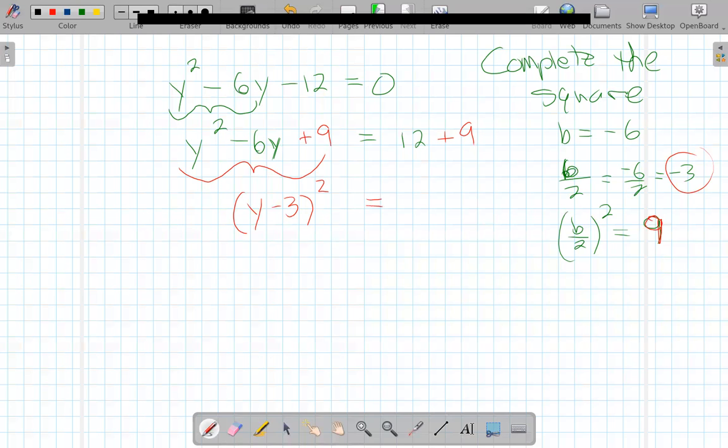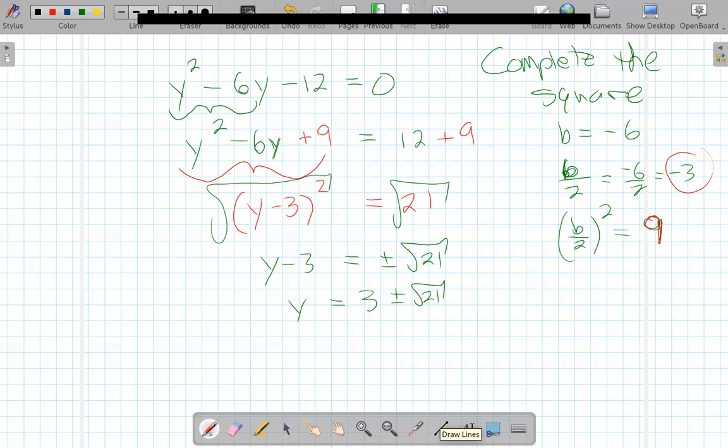And now on the other side, I get what 9 plus 12 on a good day is 21. And now I have a perfect square, and this is easy to solve by just taking the square root of each side. So y minus 3 equals plus or minus the square root of 21. Add the 3 over, y equals 3 plus or minus the square root of 21.